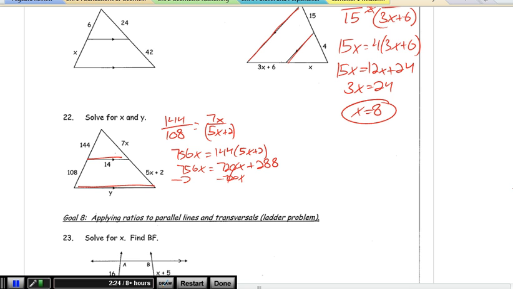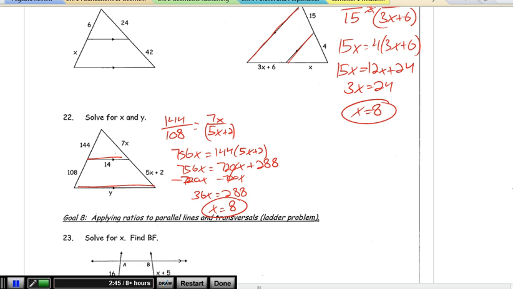Subtract, and again, this is just your algebra here. 36x equals 288. Divide both sides by 36, and that comes out to 8. Yes, it does. So x is 8. So we're done with that.